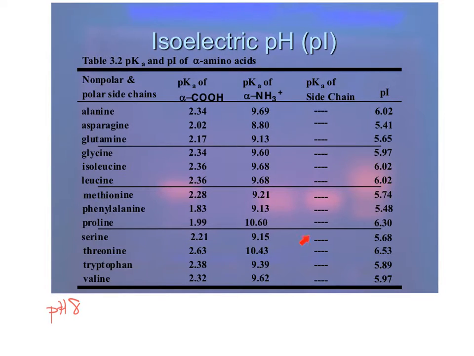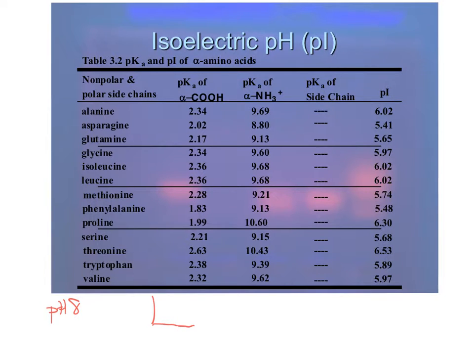Technically it's got a hydrogen that can be lost, but it's at such a high pH that it's physiologically not relevant, because it is an alcohol. But at pH 8, we're trying to figure out which ones still have their hydrogens or not.